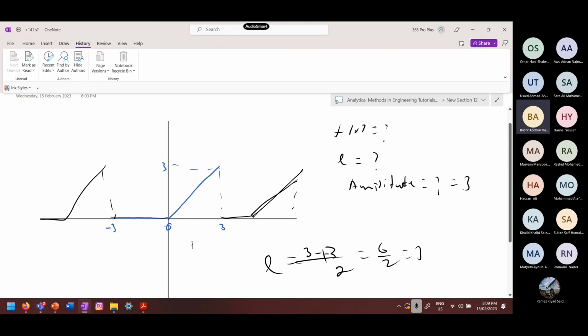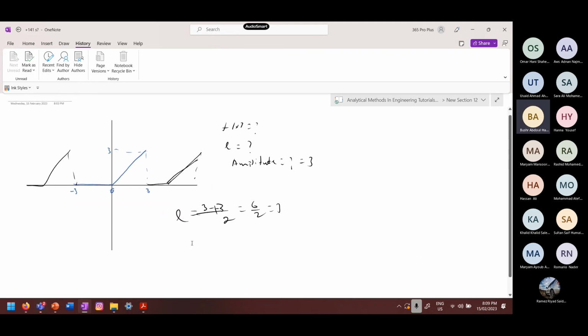You will try to evaluate this function as much as possible to simplify it for you. Looking here, from 0 to 3, you have a straight line. You can use y equals mx plus b.